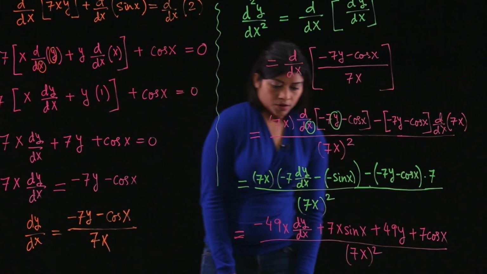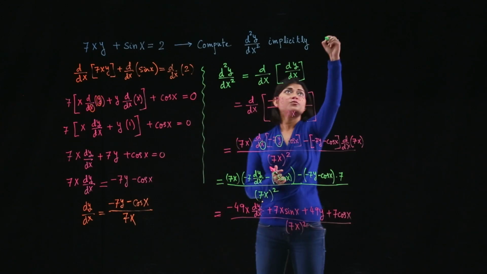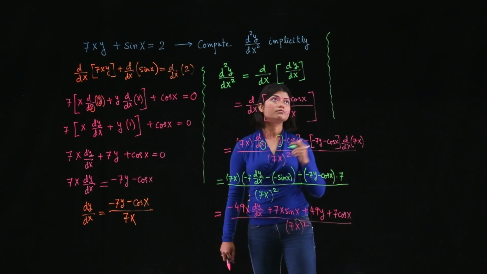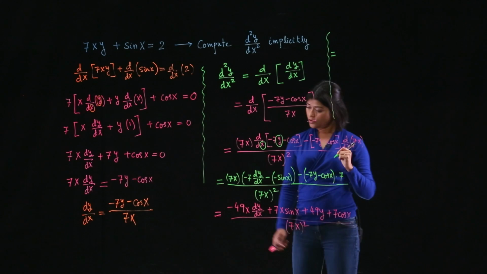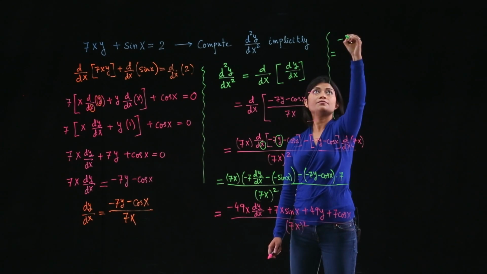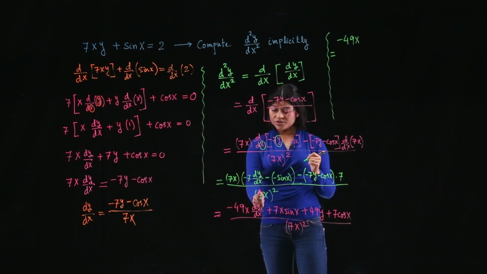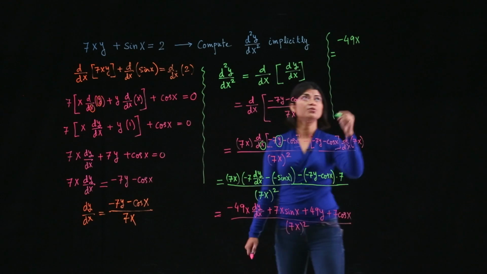Okay, so let's continue. Let's move up here. We will have negative 49x times dy dx. Now we have to plug in the expression for dy dx.